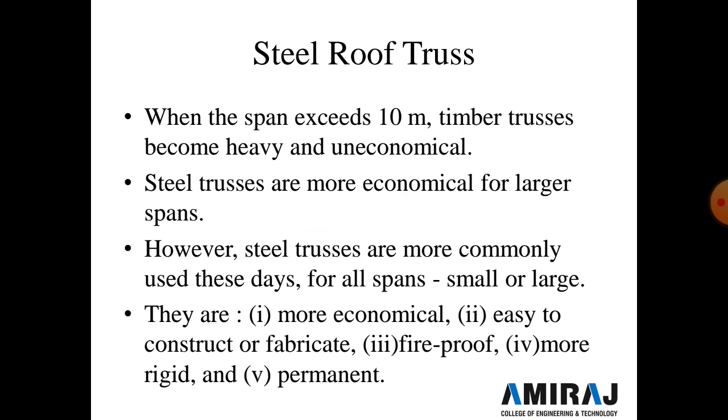Now the next type of truss is the steel roof truss. When the span exceeds 10 meters, timber trusses become heavy and uneconomical, so steel trusses are more economical for larger spans. However, steel trusses are more commonly used these days, and for all spans, small or large, they are more economical, easy to construct or fabricate, fireproof, and a more rigid and permanent structure.